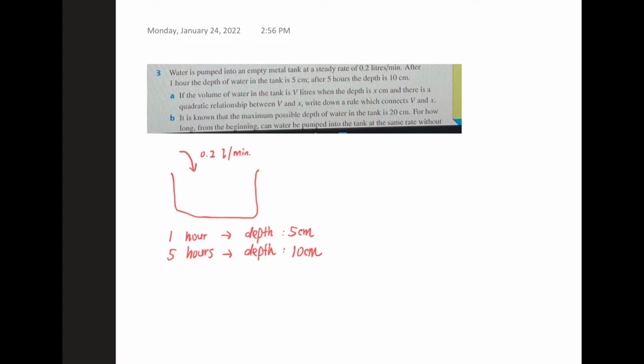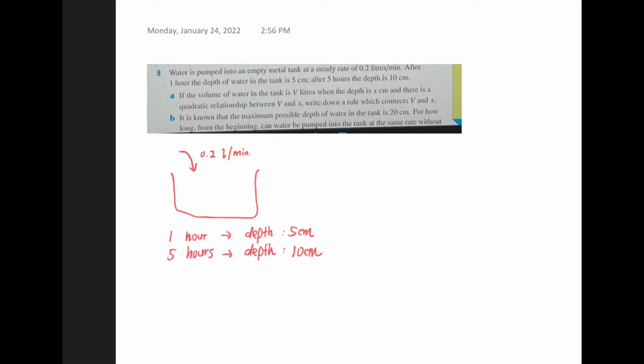Now we look at A. If the volume of water in the tank is V liters when the depth is X cm, and there is a quadratic relationship between V and X, write down a rule which connects V and X.